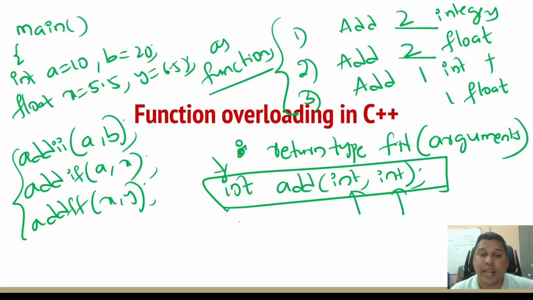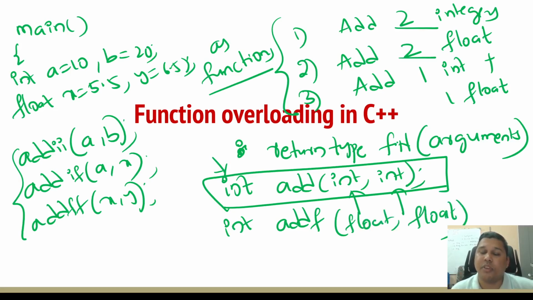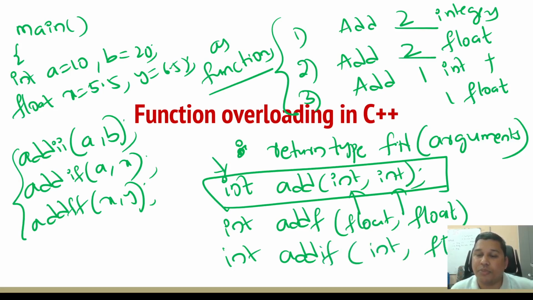Now you have to define another function, int add f, where I'll be writing float comma float. Int add float comma float, right? So I have to write functions like this, int add if, where I'll write int comma float. So three different functions we are defining.